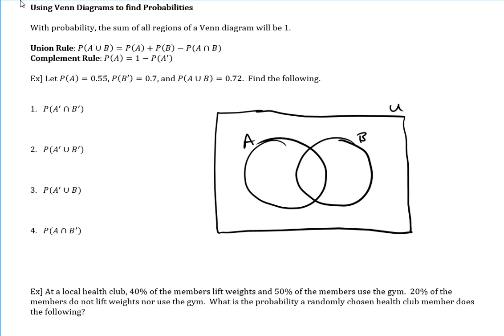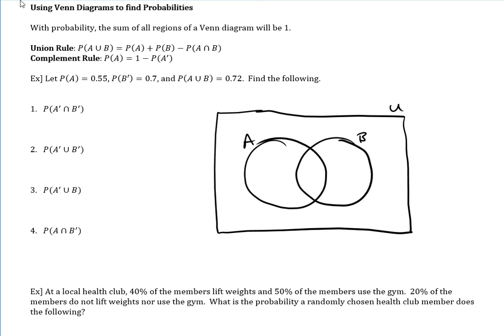So the crescent shape here in A and the complete outside need to add up to 0.7. I can't use that either right now because I have 2 regions that would be blank. And the probability of A or B is 0.72. A or B is the 3 regions inside all the circles, the 1, 2, 3 regions. That needs to add up to 0.72, so I can't use that either.